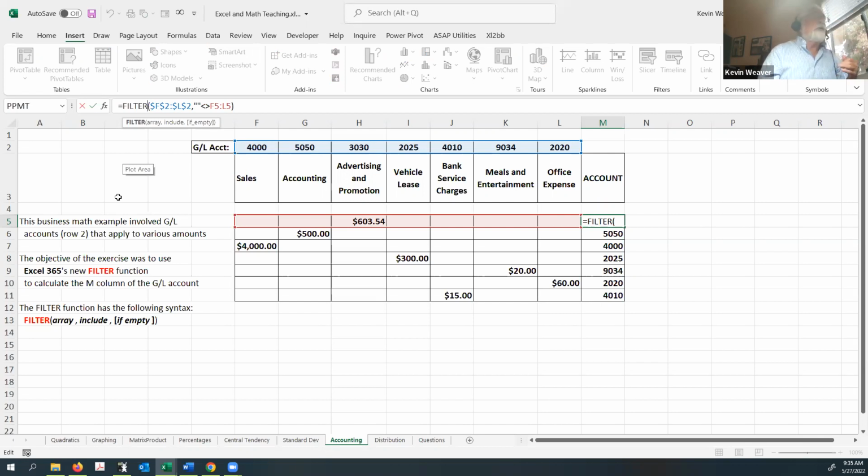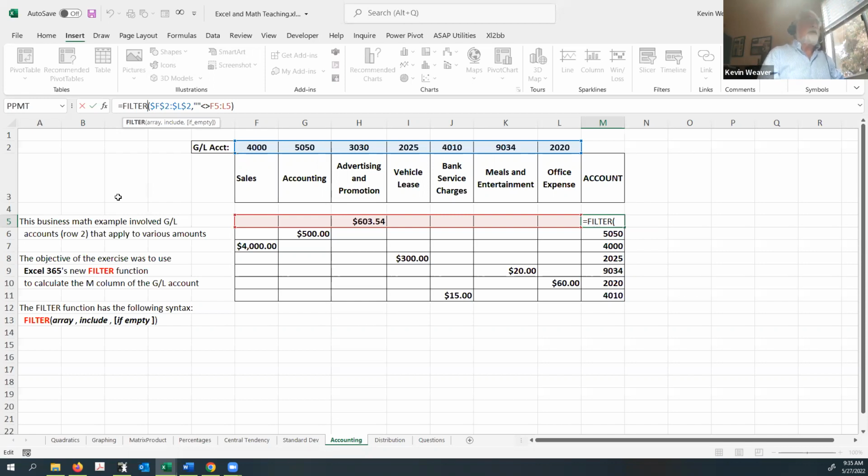Well, what I want to include is when empty, that's quote, quote, is not equal to the body of data in the general ledger, which was from F5 to L5.